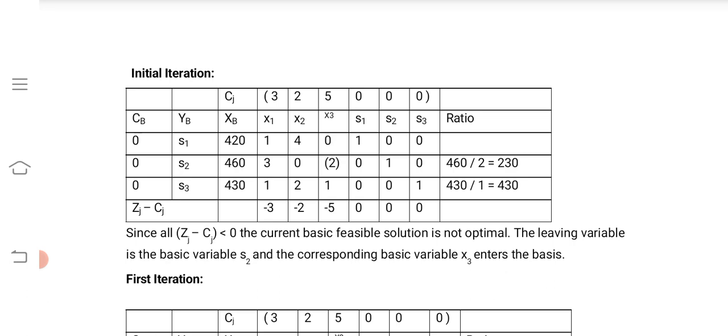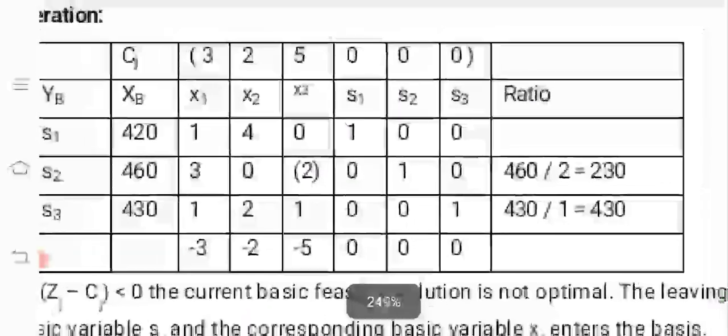For the two less than or equal constraints, we add slack variables S1 and S2. S1 is added to equation 1 and S2 to equation 2, and the third equation is greater than or equal, so we use a surplus variable, minus S3.